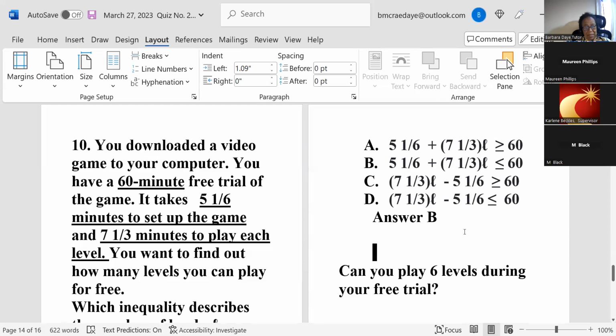Now, is that clear? 5 and 1/6 minutes is the setup time. So it's setup time plus playing time.